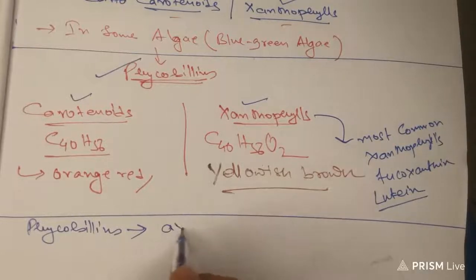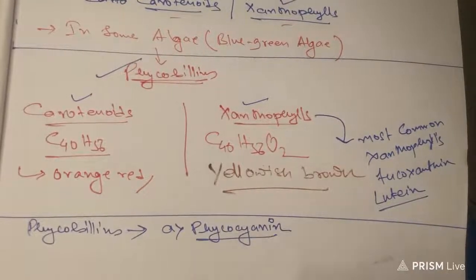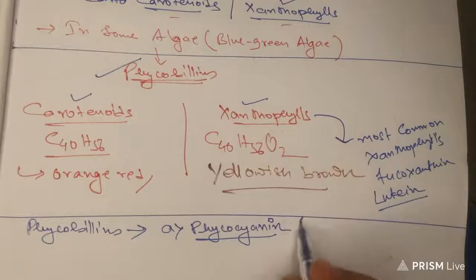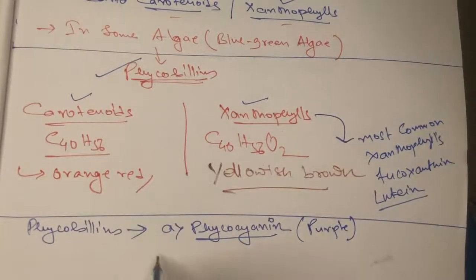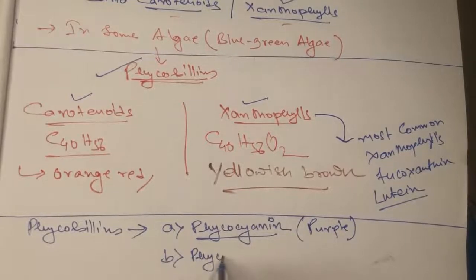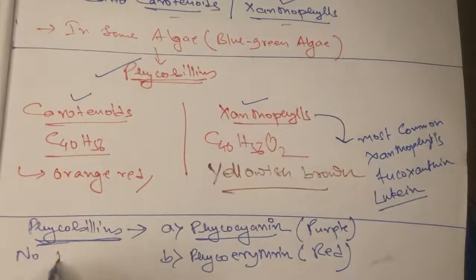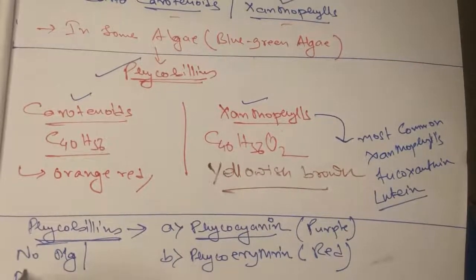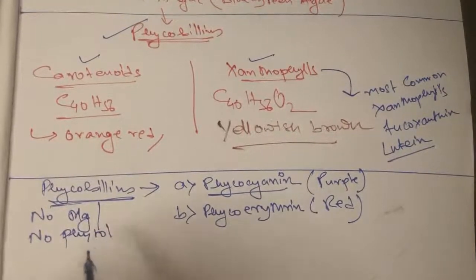There are two types of phycobilins: the phycocyanin, which is purple in color, and the phycoerythrin, which is red in color. Now remember, in phycobilins there is no magnesium in the middle and no phytol chain.